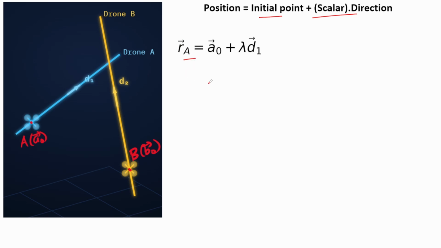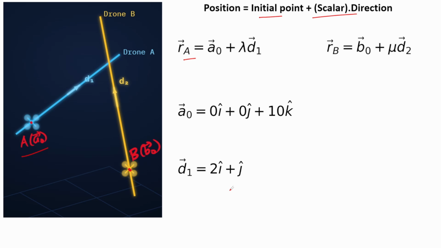So the RA vector, that is the position vector of drone A, is written as A naught vector plus some scalar times D1 vector, where A naught vector is the starting point for drone A. Here we are assuming A naught to be 0 i cap plus 0 j cap plus 10 k cap, and the direction along which drone A is moving as 2 i cap plus j cap.